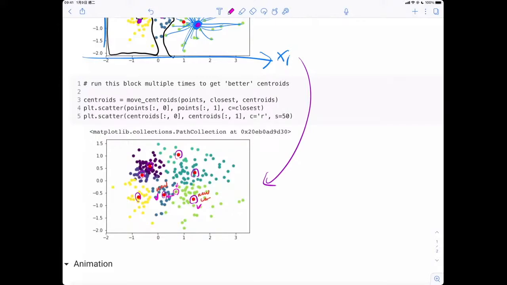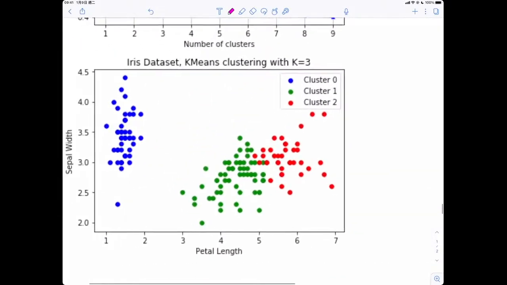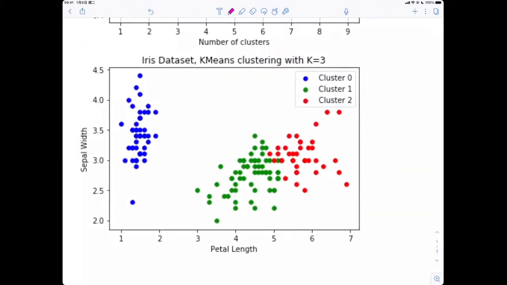For example, if we have an iris data set, we partition it into 3 clusters by using kMeans. This algorithm is called kMeans, and we partition like this. But the next question is, how many clusters should we provide?